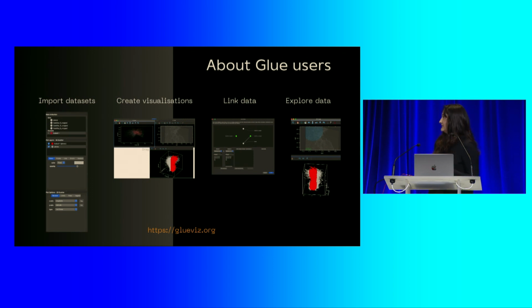The Glue users' main workflow, and the thing that we're trying to put into JupyterLab, is that they import data sets, they create visualizations with them, then they link the data: they take the attributes in these data sets and link them. They say, lat in this one is the same as latitude in this one, please make them link.